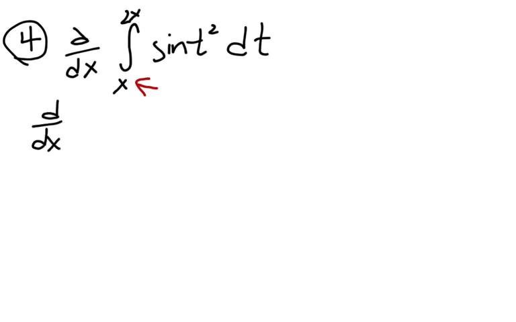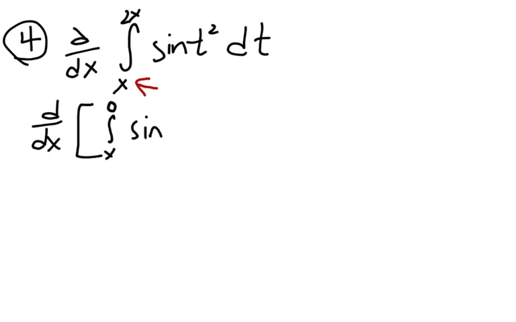So I'm going to change this using the additive integral property to the integral from x, and I'm going to split it up and put a constant on the top, 0. That 0 could have been any constant number. There's nothing special about me choosing 0.